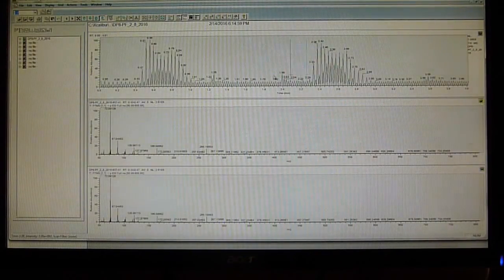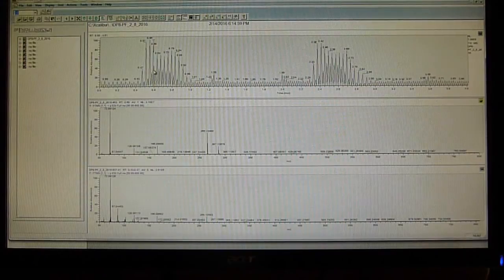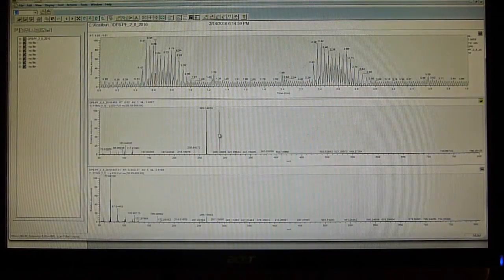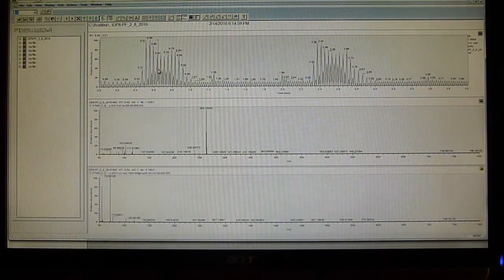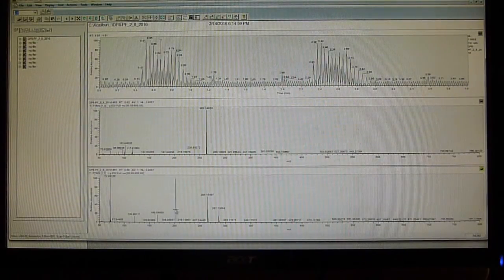Alright, and I'm just going to pick a particular scan almost at random. So the negative is there, and there's a positive. Let's just zoom in on the cell here.